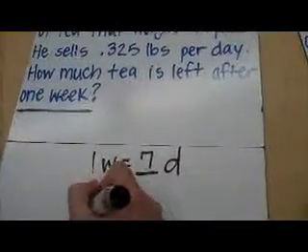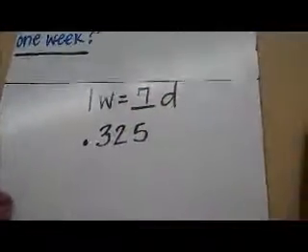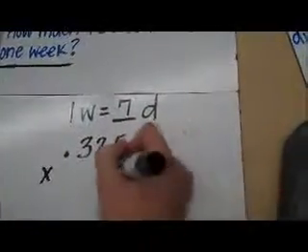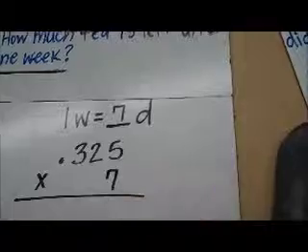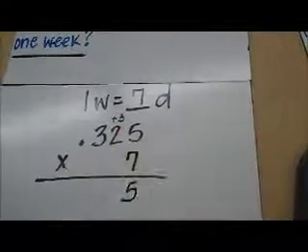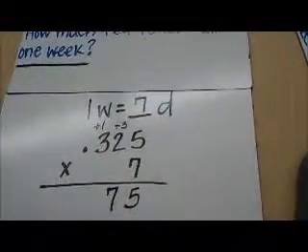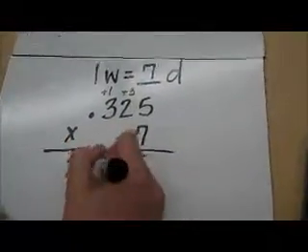So I'm going to take 325 thousandths and I'm going to multiply it by 7. Okay. Do your regular multiplication. 7 times 5 is 35. 7 times 2 is 14 plus 3 is 17. 7 times 3 is 21 plus 1 is 22.